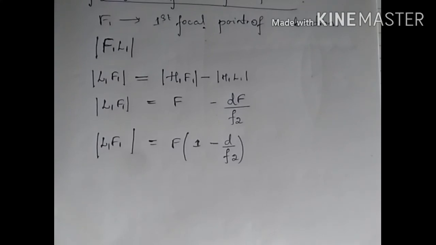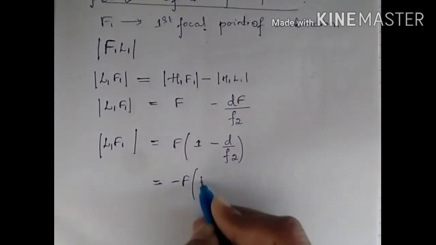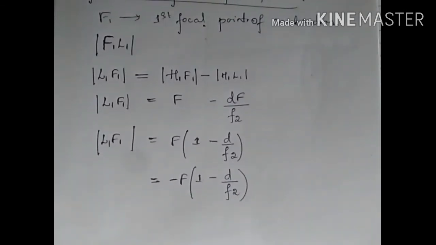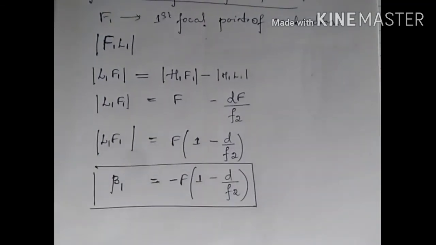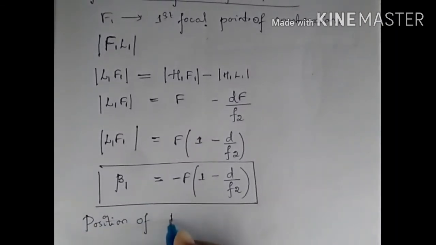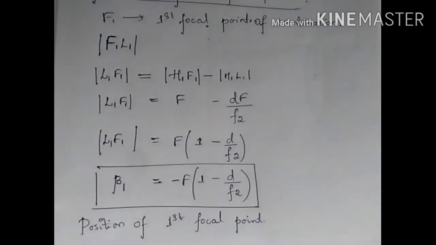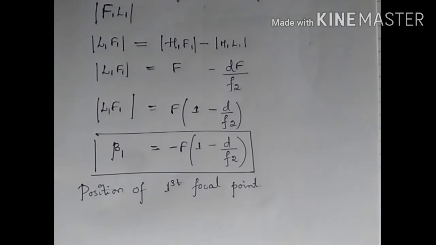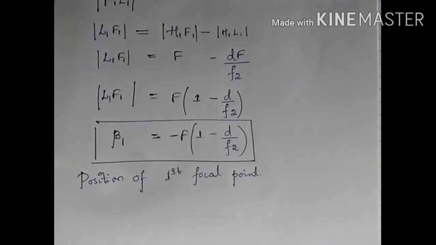So I can write this, and this can be denoted by beta 1. So beta 1 is the position of the first focal point. Beta 1 is equal to minus F multiplied by 1 minus D by F2.